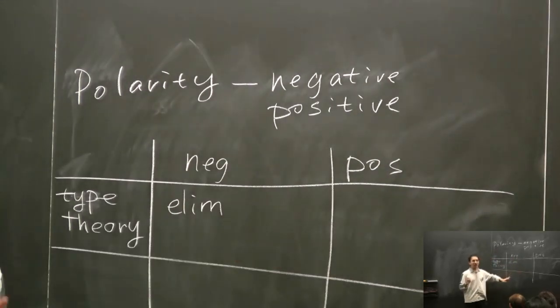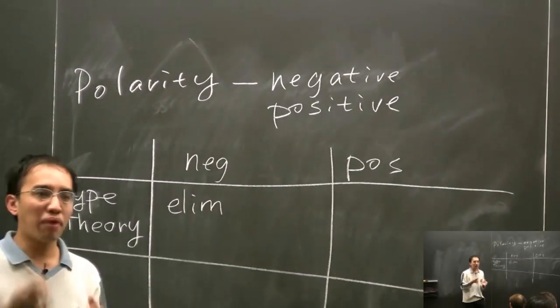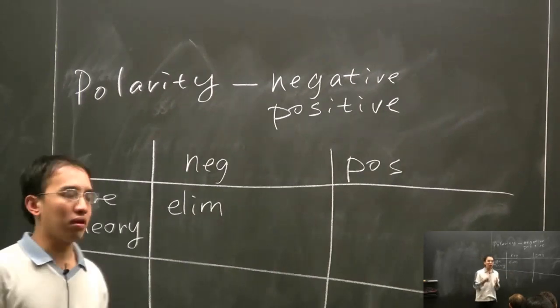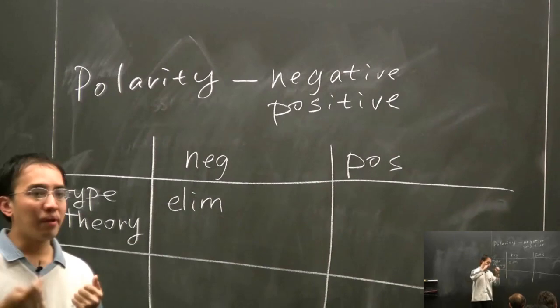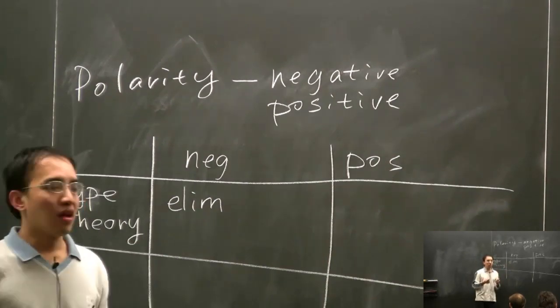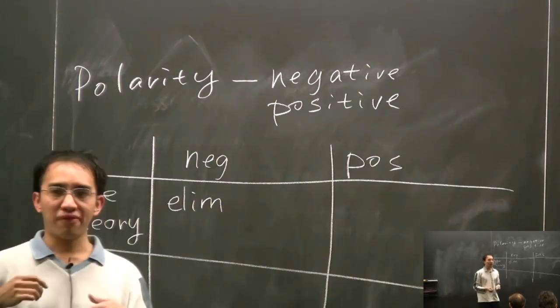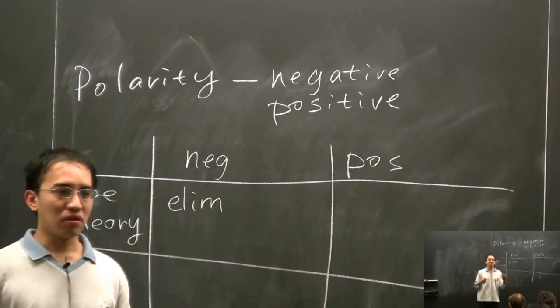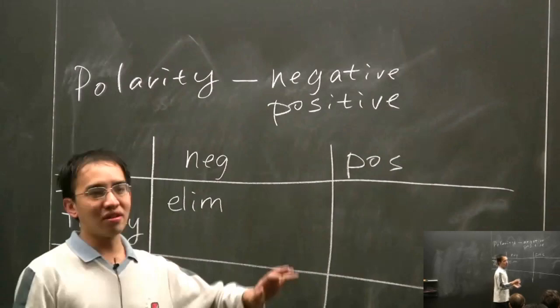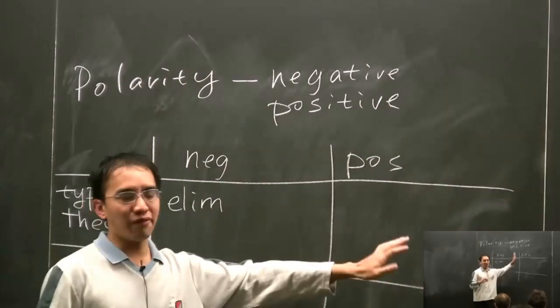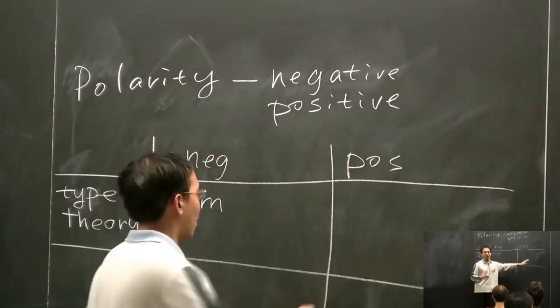So if an essential part of a particular type is based on the elimination rule or the usage of that type, then usually we feel that it's negative. Is that clear?